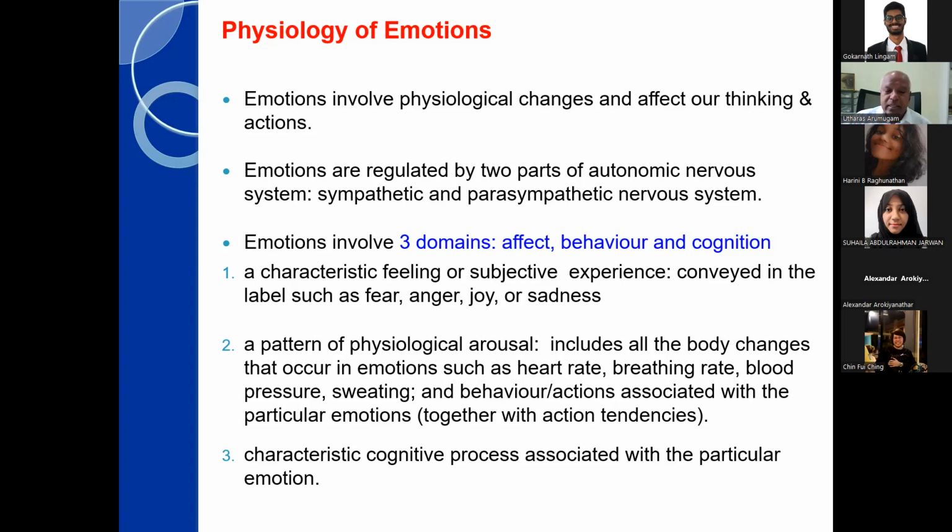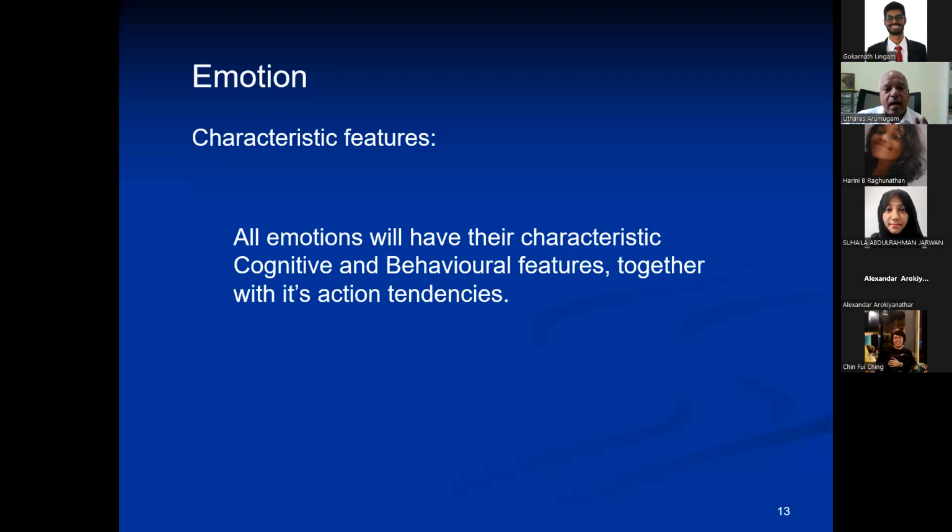So the characteristic cognitive processes associated with particular emotions are these. All emotions will have their characteristic cognitive and behavioral features together with their action tendencies. I hope you can follow, and please stop me if you're not clear. All emotions must have cognitive features.